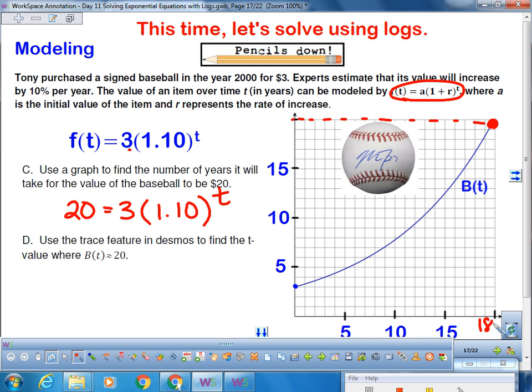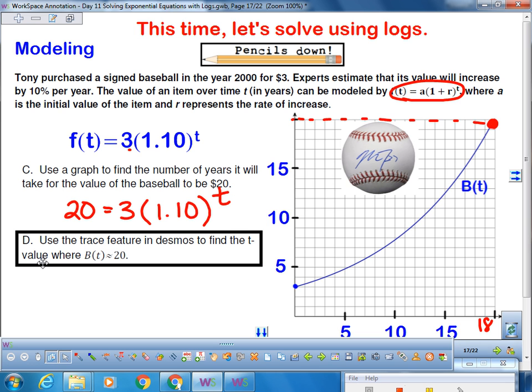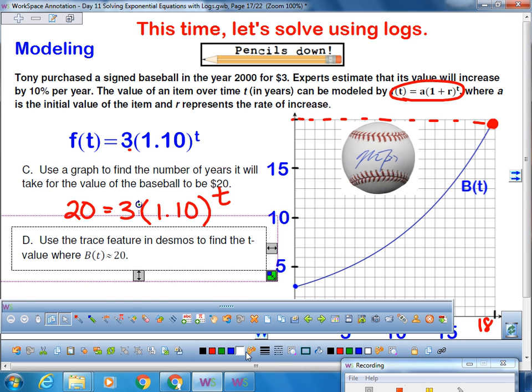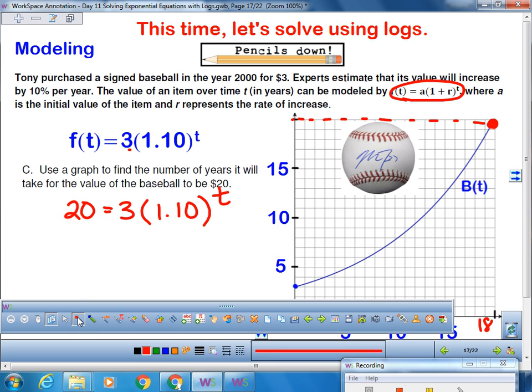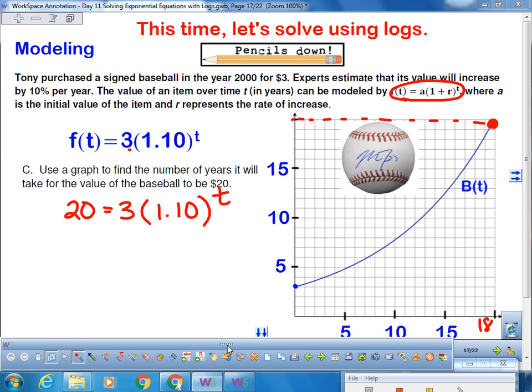Alright, so it says use the trace feature. We're not going to use the trace feature. We're going to use logarithm. So how do I solve this using a log? Is this to log or not to log? To log. What am I going to do before I log it?